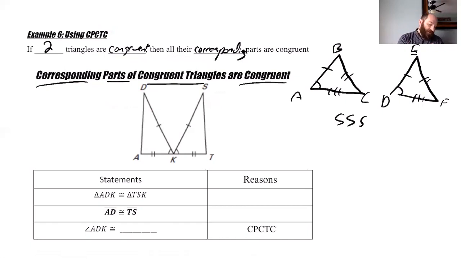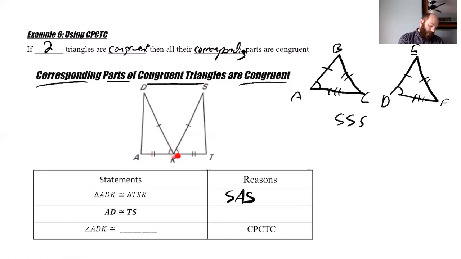So in this little brief example here, I look at, let's see here, why are the two triangles congruent? ADK is congruent to TSK. So ADK is congruent to TSK because of side, angle, side.